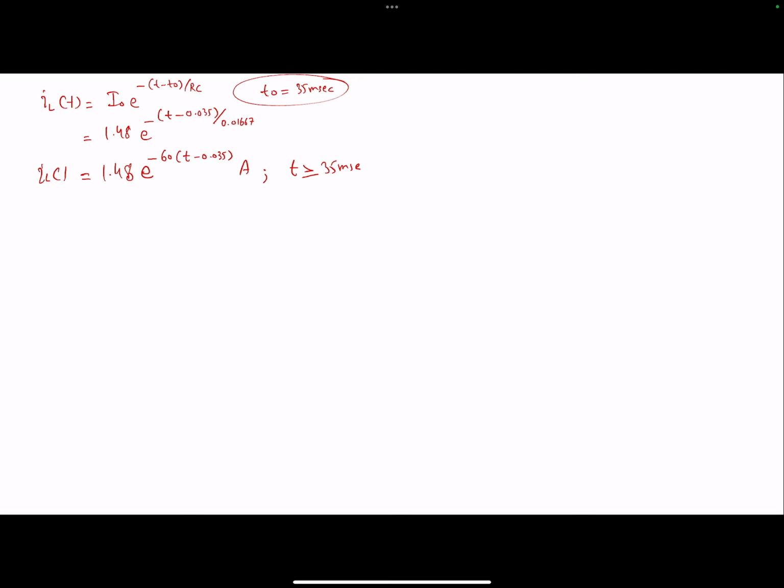So here's the value of the inductor current after 35 milliseconds, or after the second switching event. Again, this is very nice. The only different thing that happened here is t minus t naught. It's very simple because all the derivations we have solved were for the switching event happening at t equals 0.